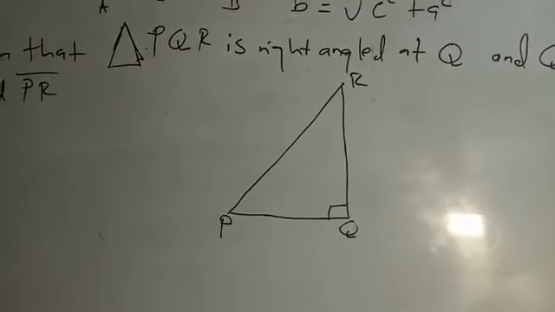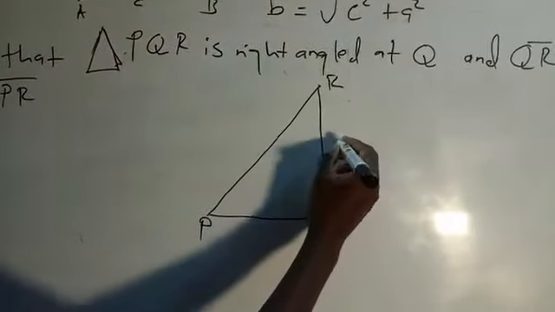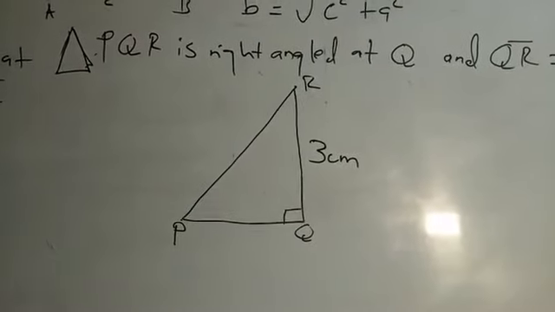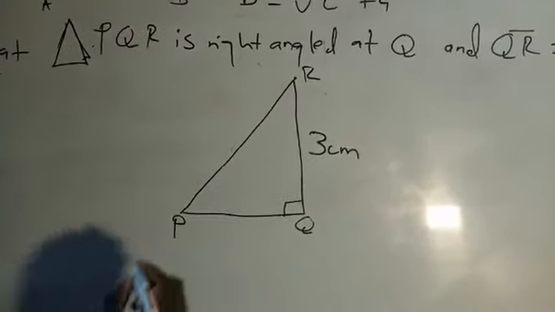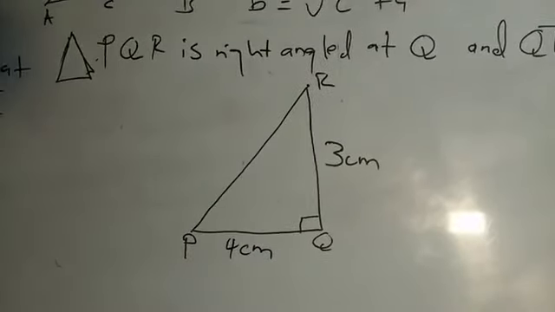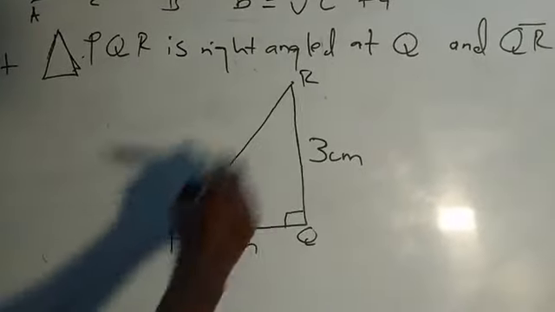They say that QR is 3 centimeters and PQ becoming 4 centimeters. They want us to find PR here.